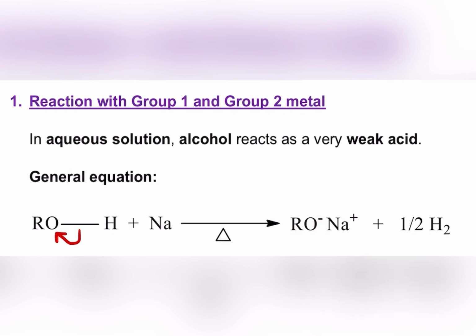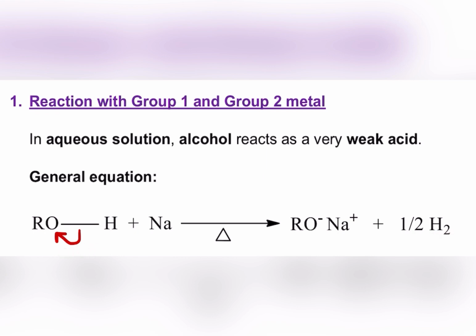That's why we write it close to one another, RO- Na+. R here depends on the alkyl group in your question. What's next? You have H+ here, the one that's left. It's going to react with another H+ from another alcohol, the same one, to make H2.